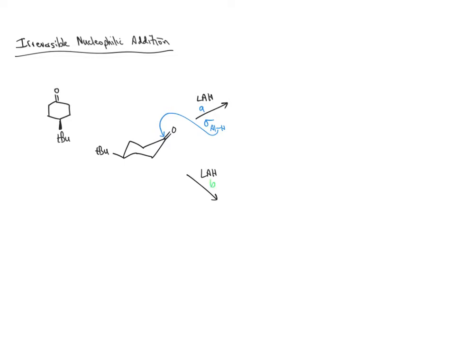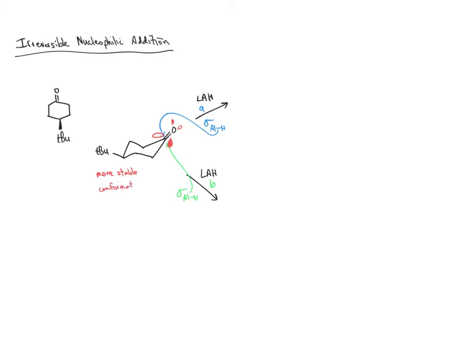Let's say that this is mode of attack B with another sigma aluminum hydride bond, and this attacks from the bottom face, a bottom lobe of that pi star CO. So we've got the pi star CO sitting right here and here, and we're going to attack via one of those two lobes on the carbon atom, because that's where the biggest electron sink is.